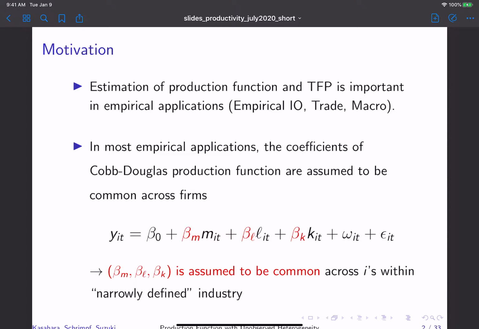In most applications, the coefficients of the Cobb-Douglas production function are assumed to be common across firms. In this paper, we are questioning this assumption of the commonness of beta m, beta l, beta k across different firms within the so-called narrowly defined industry.